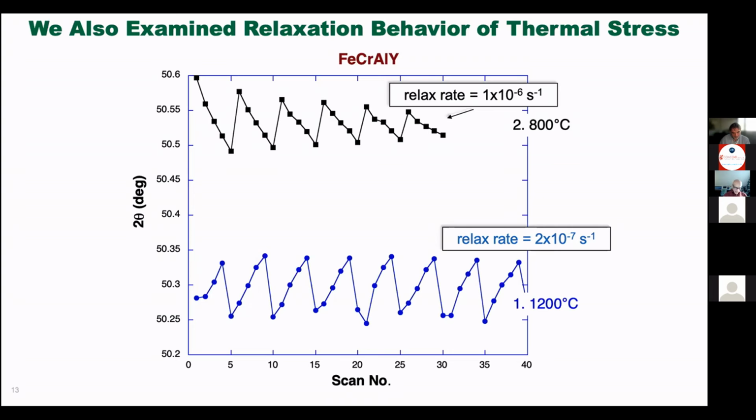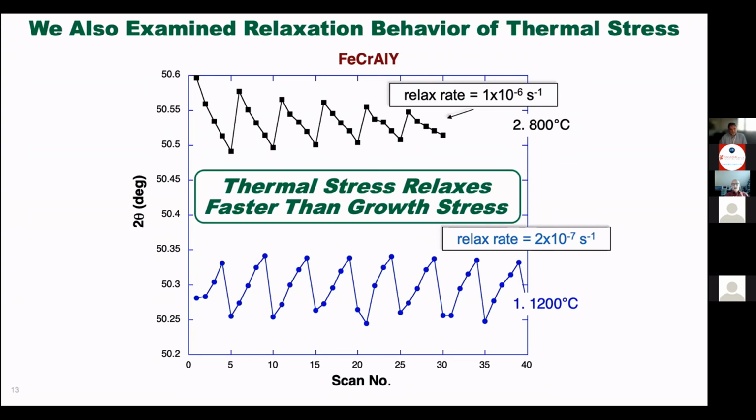So we clearly have a higher rate of relaxation of the thermal stress than the growth stress, and we are pretty confident that this indicates, in this case, relaxation by creep of the metal, because this kind of relaxation rate is on the order of what you would expect for creep at this temperature for these alloys.